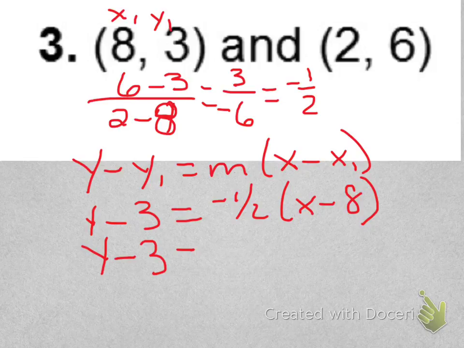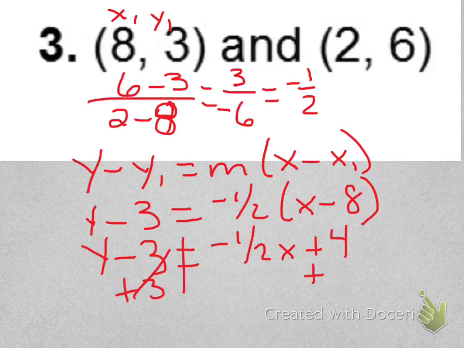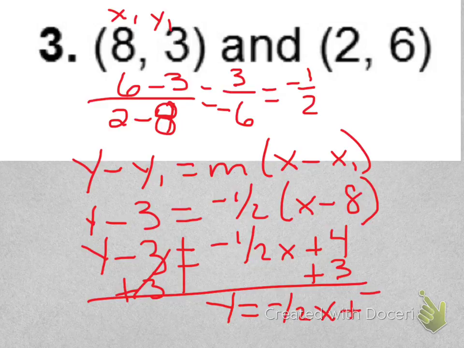So y minus 3 stays the same. Negative 1/2 x. Negative times a negative is a positive, so negative 1/2 times negative 8 is positive 4. And then I solve. Plus 3, plus 3. So my equation is y equals negative 1/2 x plus 7.